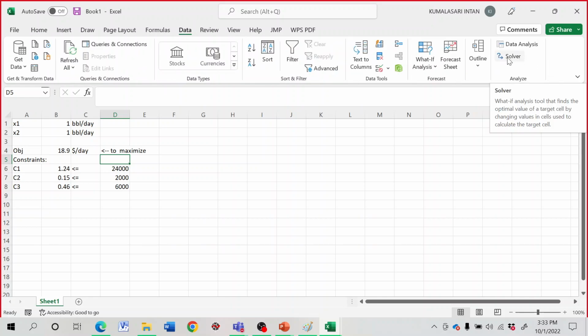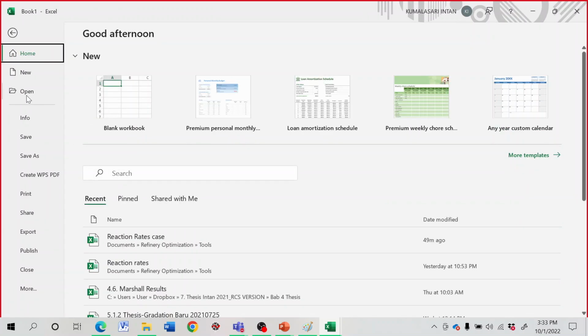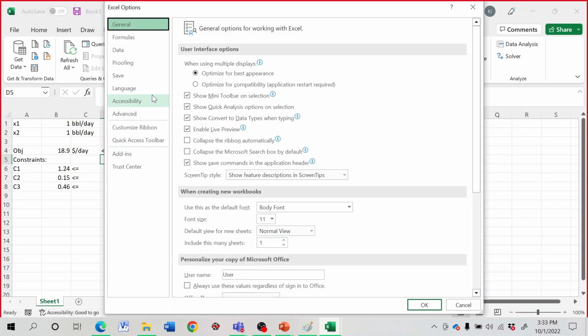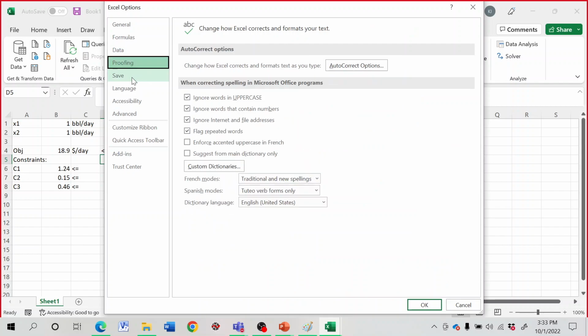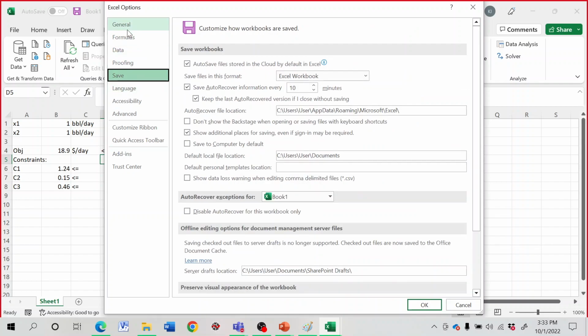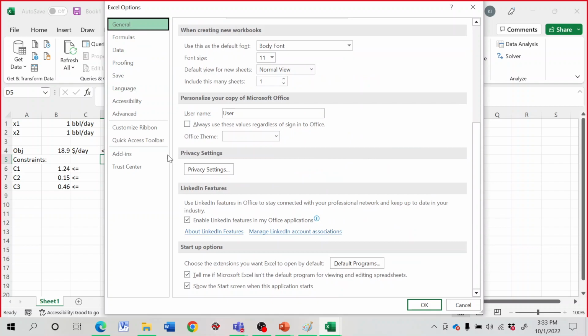In some cases you don't have the Solver. You go to File, Options, and then, let me think, Add-ins.